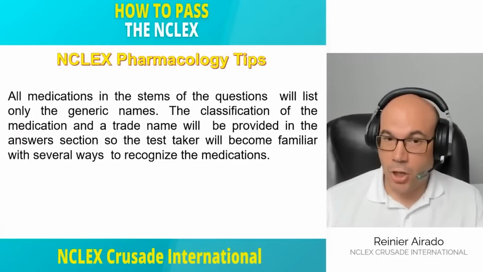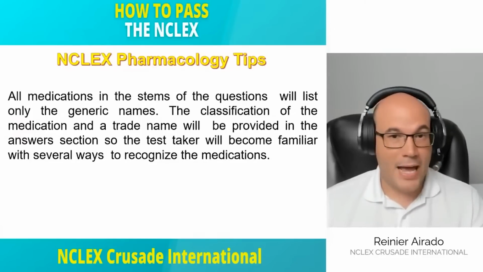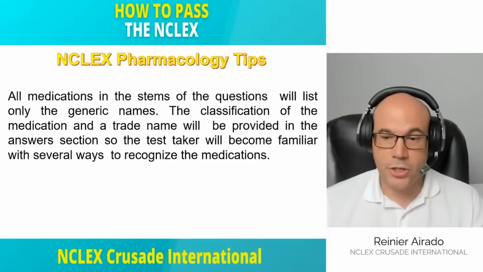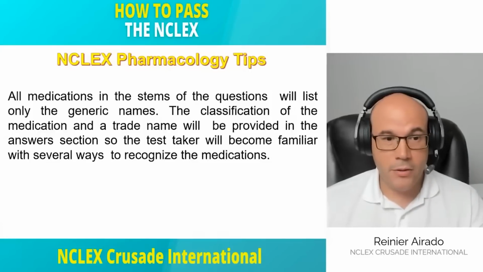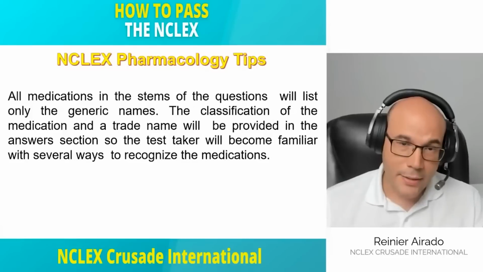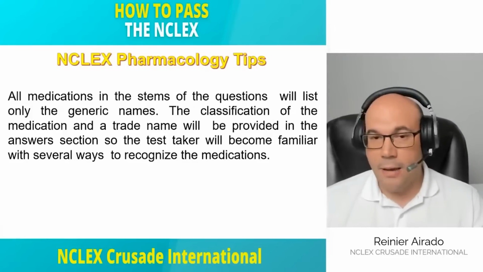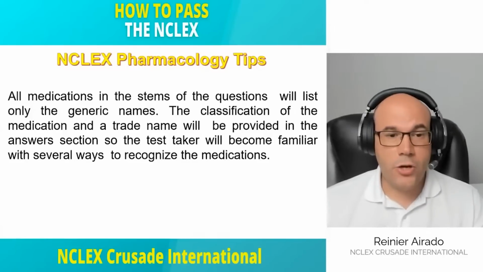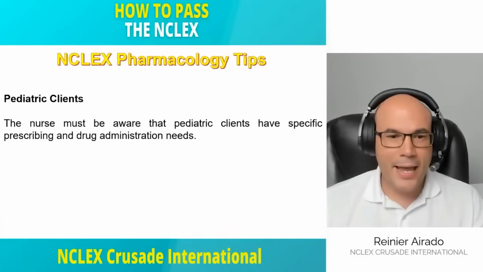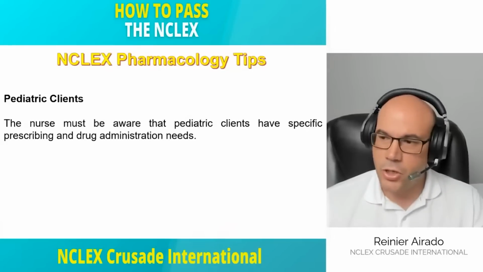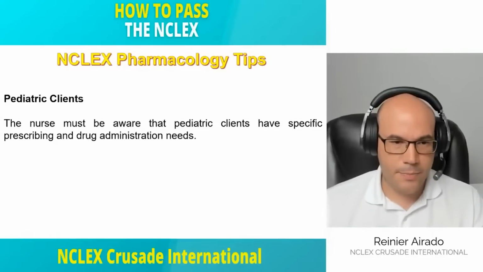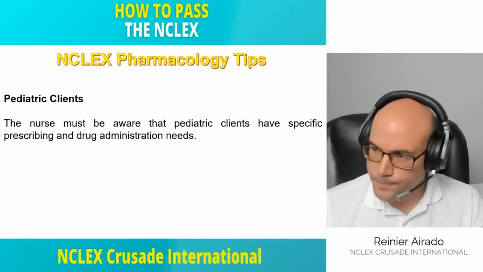Is your patient an adult? Is your patient a pediatric patient? Is your patient a female or a male? Is your patient pregnant? Is your patient breastfeeding? So who is your patient? And I want to focus your attention on pediatric clients, pediatric patients.